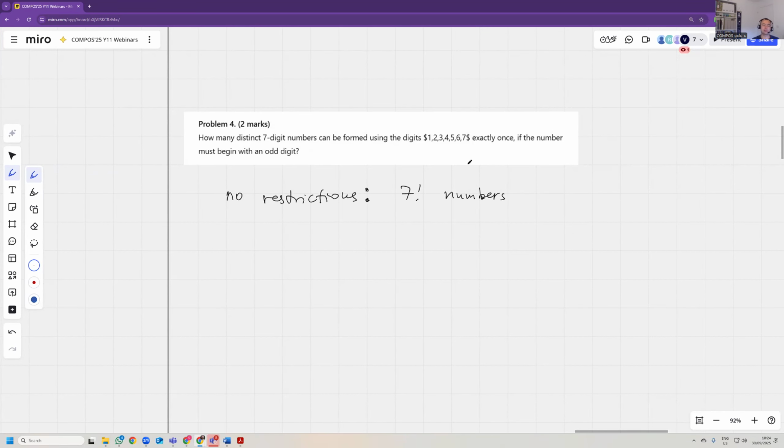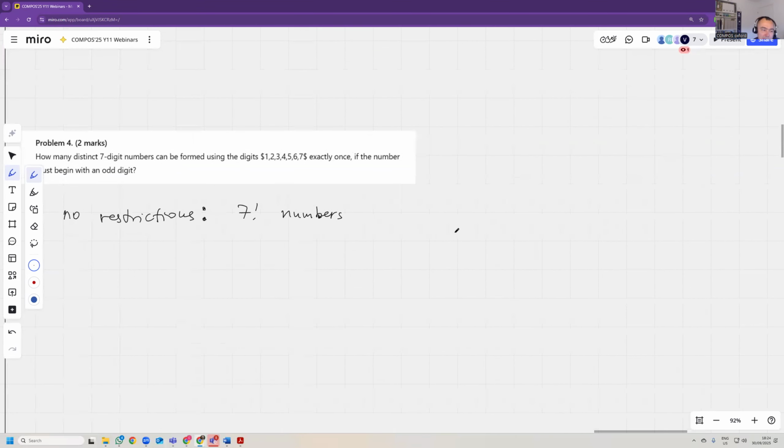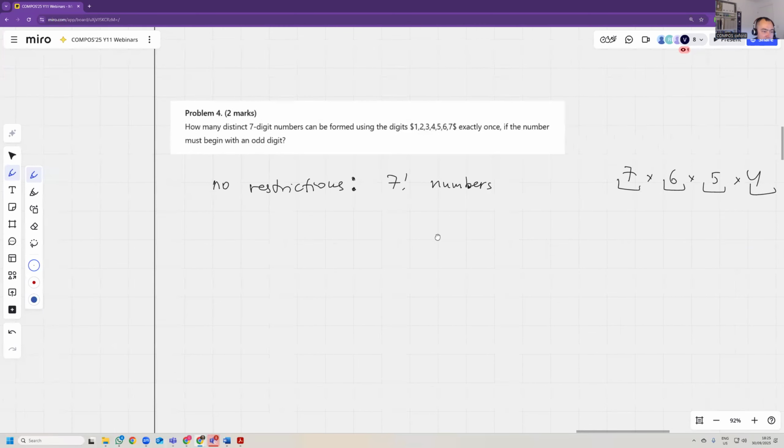Because you just permute the 7 digits and you get a different number every time. Or if you use the cell method, you have 7 cells. The first cell can be filled by 7 different digits, the second by 6, by 5, by 4, by 3, by 2, by 1, and you multiply them all together to get 7 factorial. So with no restriction, 7 factorial numbers.